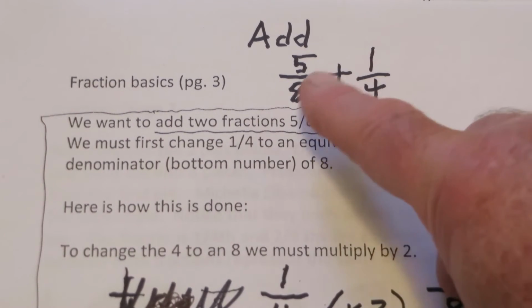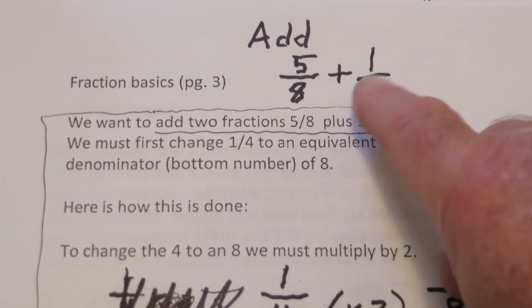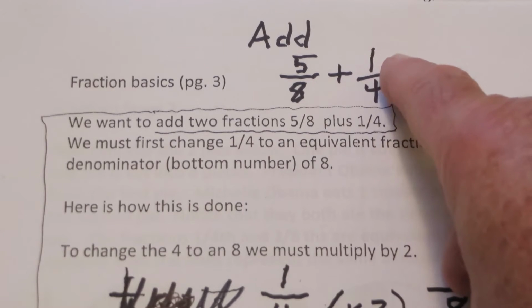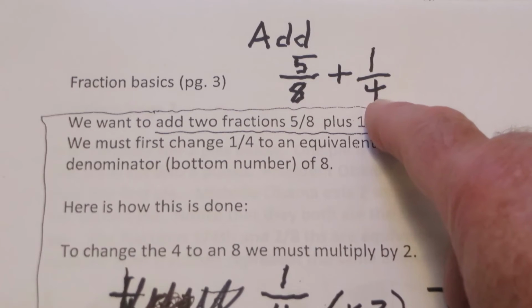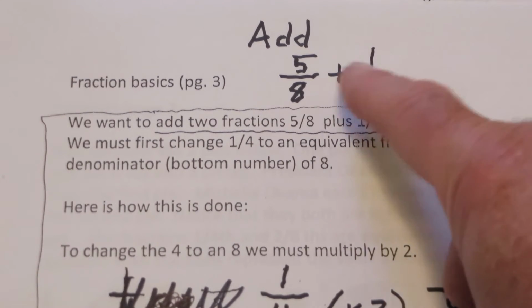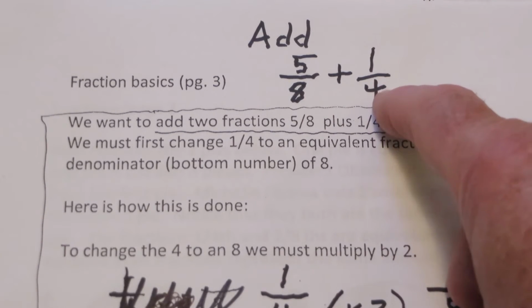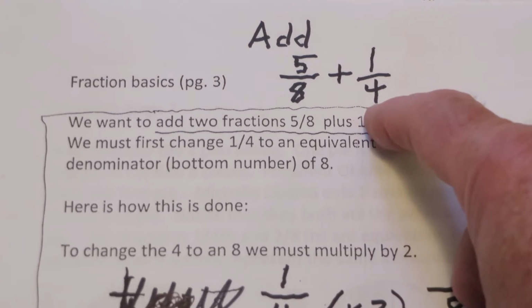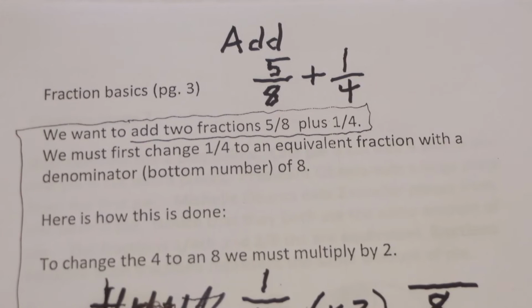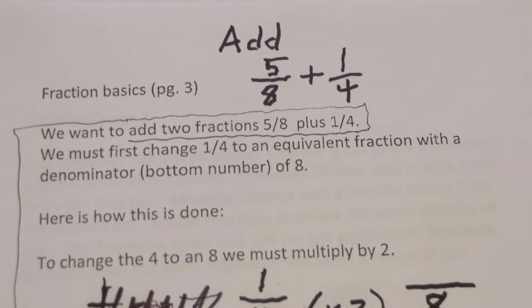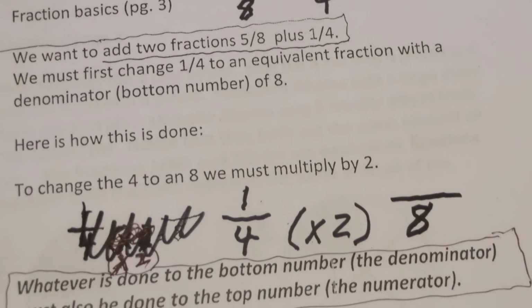And that means before we can add these 2 fractions, one of them has to be changed. The 1/4 has to be changed to a fraction with an 8 on the bottom. An equivalent fraction with an 8 on the bottom. A fraction equivalent to 1/4, the same amount of stuff, but with 8 on the bottom. So creating equivalent fractions is a thing you do when you do fractions. Before you can add, you often have to create equivalent fractions.